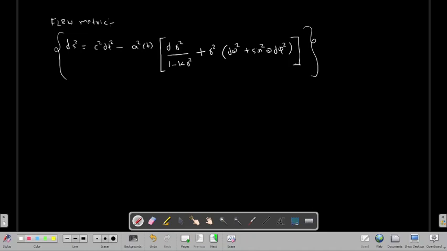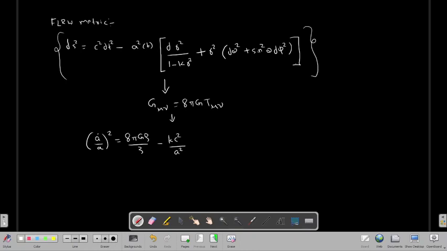So when we plug this metric into Einstein's equations, using the FLRW metric, you will get a set of equations of motion, which are a dot by a squared is equal to 8 pi G rho by 3 minus k c squared by a squared.